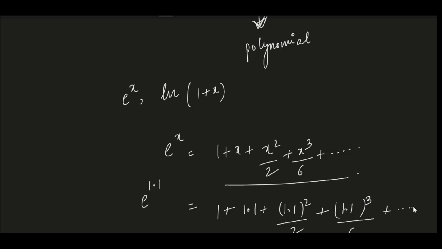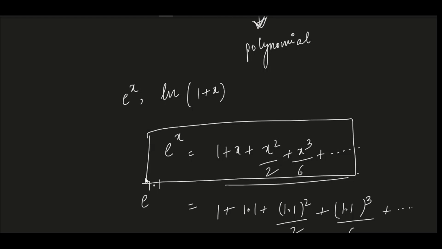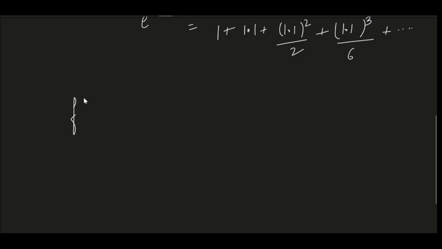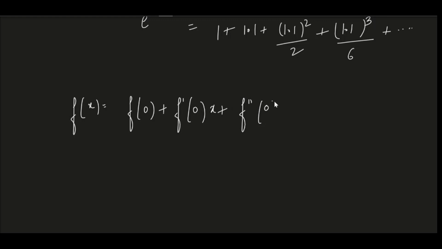Now, the next thing we are going to do is see how to write a complex function in the form of a polynomial. For the Maclaurin series, we have a certain formula, which you can even find in the formula booklet. Any complicated function can be written in this form.